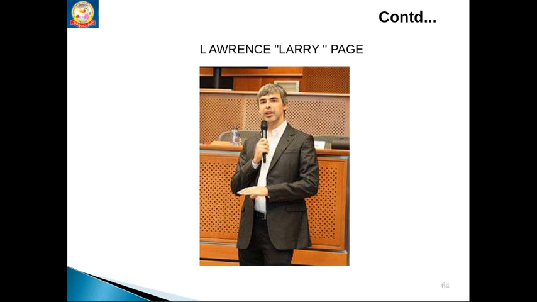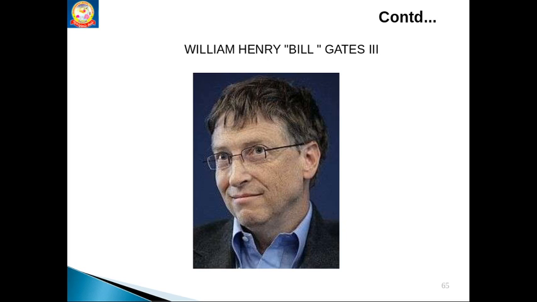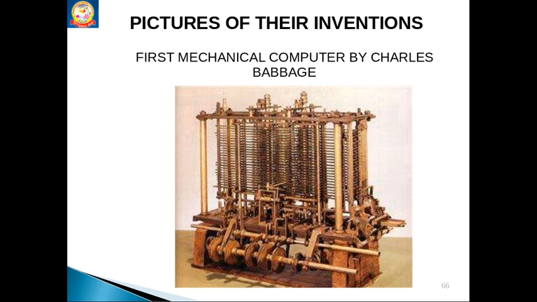He invented the Google search engine. Bill Gates, everyone knows this person. He is the owner of the Microsoft company. Everyone knows him because at one time he was the world's richest person. That's why he is familiar.